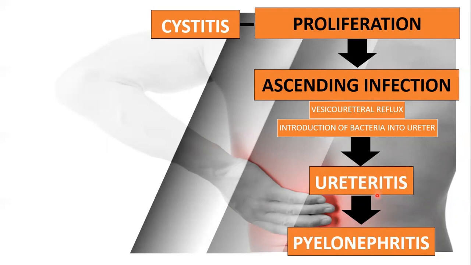And this would now ultimately lead to pyelonephritis, or the inflammation of the kidneys from bacterial infection. As you can see, it starts from the lower urinary tract infection as it ascends to the bladder, ureter, and finally into the kidneys.